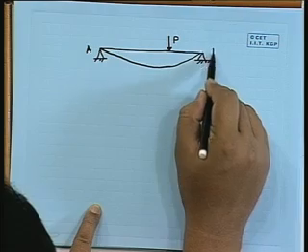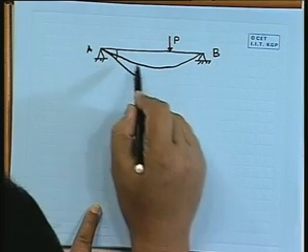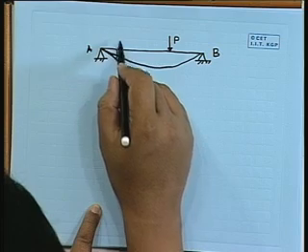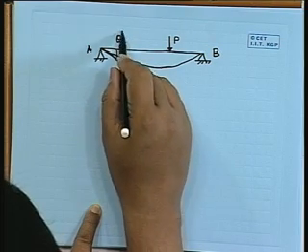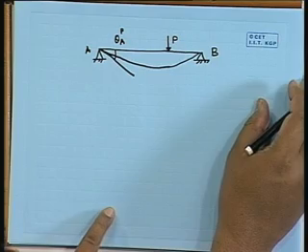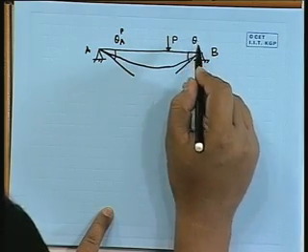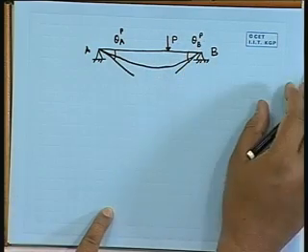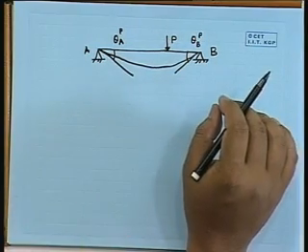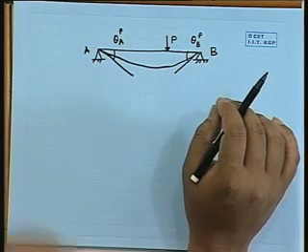So we are talking about that this is A, this is B. So this angle will be your, say, theta A due to, say, P, and here it will be theta B due to P. So there is a superscript P to identify this is responsible for P only.